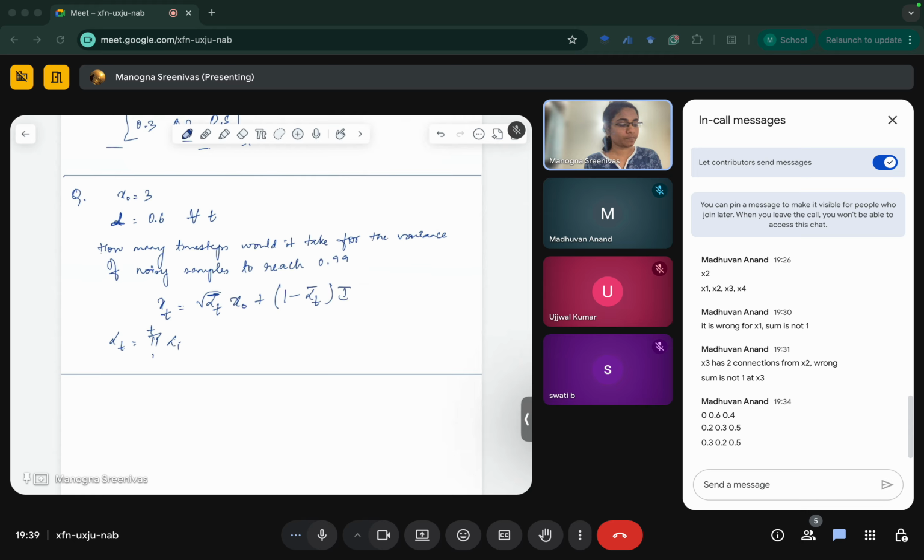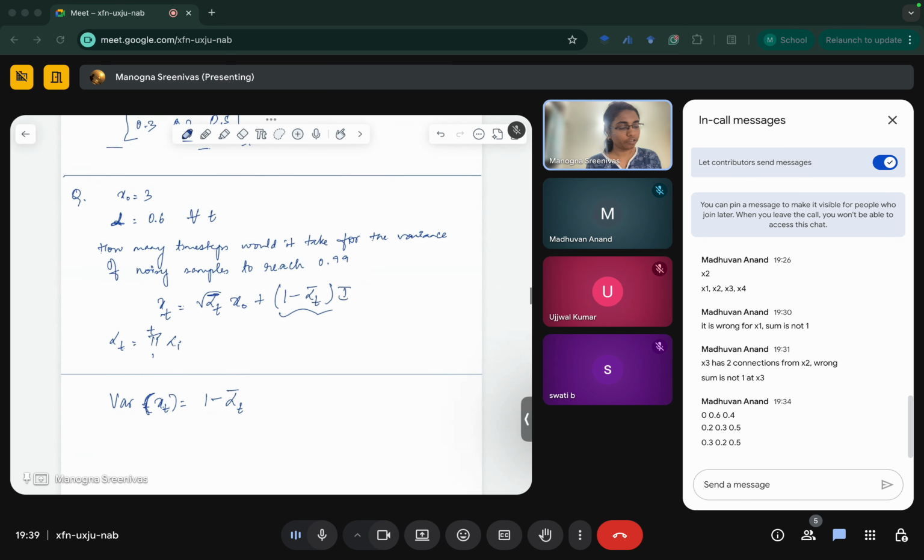So what do I mean by the variance of noise? So this is the noisy sample xt, and the variance of this is defined by 1 minus alpha t bar. So variance of xt is equal to 1 minus alpha t bar.